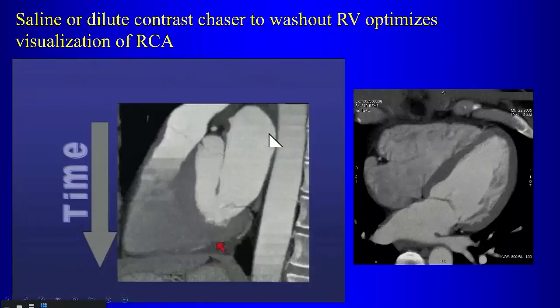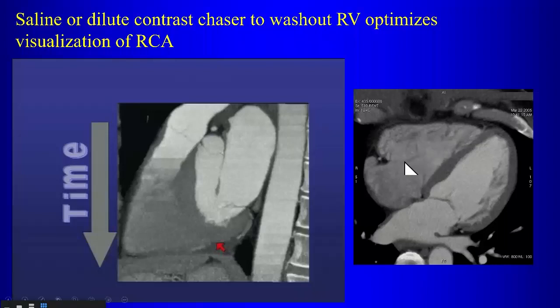Now, also to avoid the streaking of dense contrast from the right atrium onto the coronary artery, after we give the initial bolus of contrast, we can follow that with either dilute contrast or saline to try to wash out the right ventricle and dilute the contrast in the right ventricle.